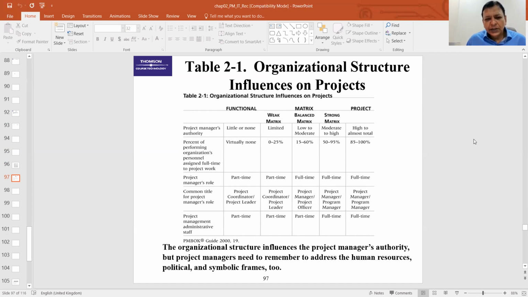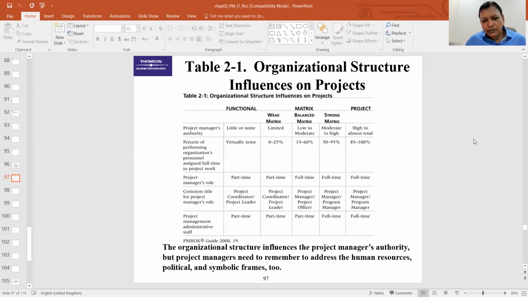The second parameter is the percent of performing organizational personnel assigned full-time to project work: virtually none in functional, 0 to 25 in weak matrix, 15 to 60 in balanced matrix, 50 to 95 in strong matrix, and 85 to 100% in project-based.